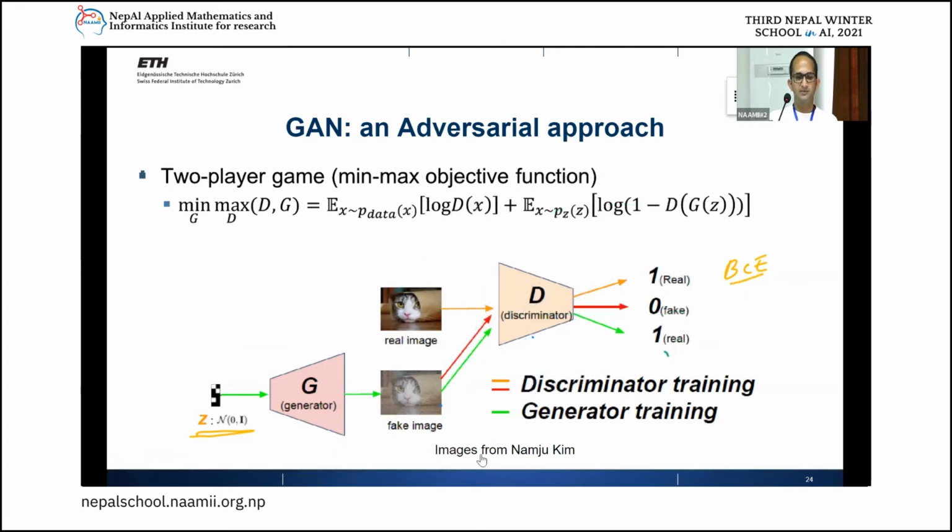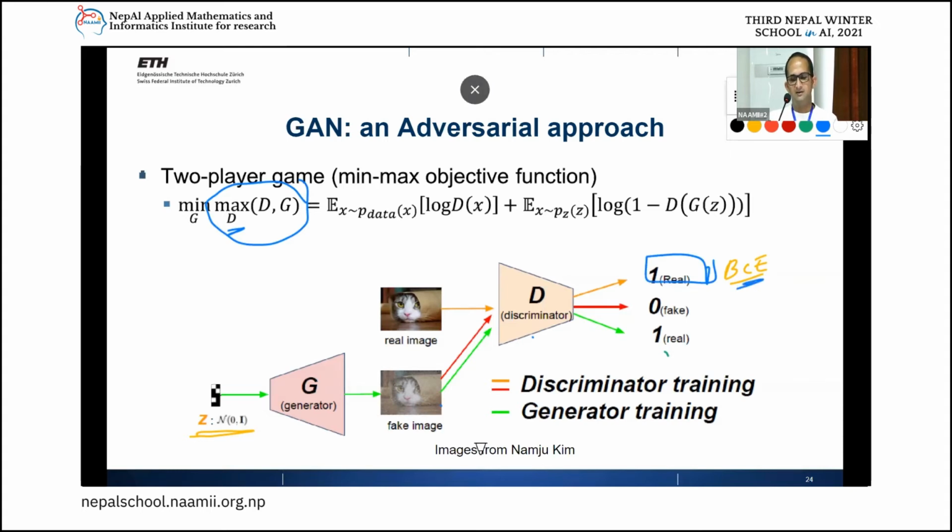What is happening here is that the discriminator is trying to find the discriminator that maximizes whatever this loss term is, and then find the generator that minimizes the whole thing. So first, this thing is done. You find the discriminator that maximizes, right? So maximizing the score means, okay.